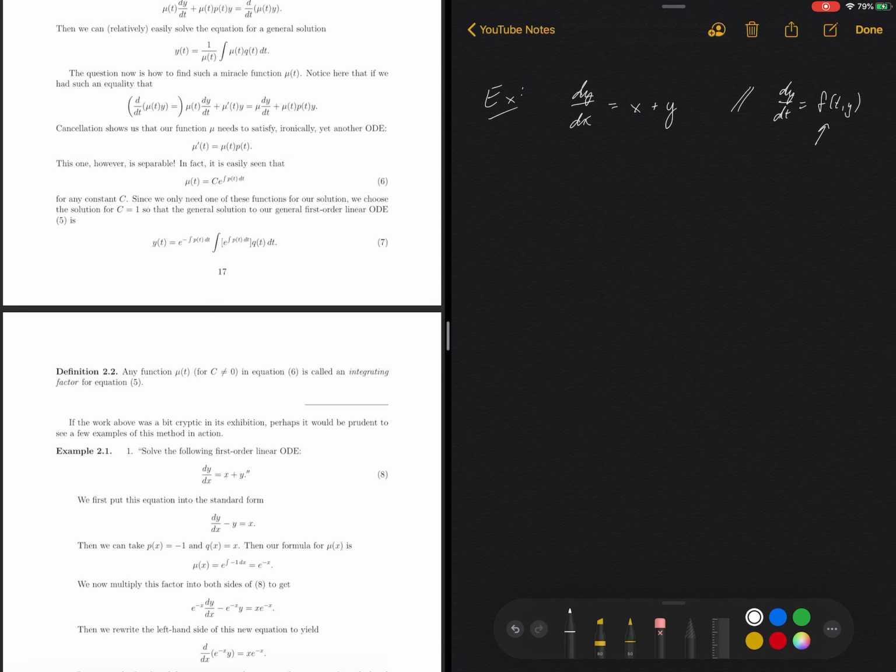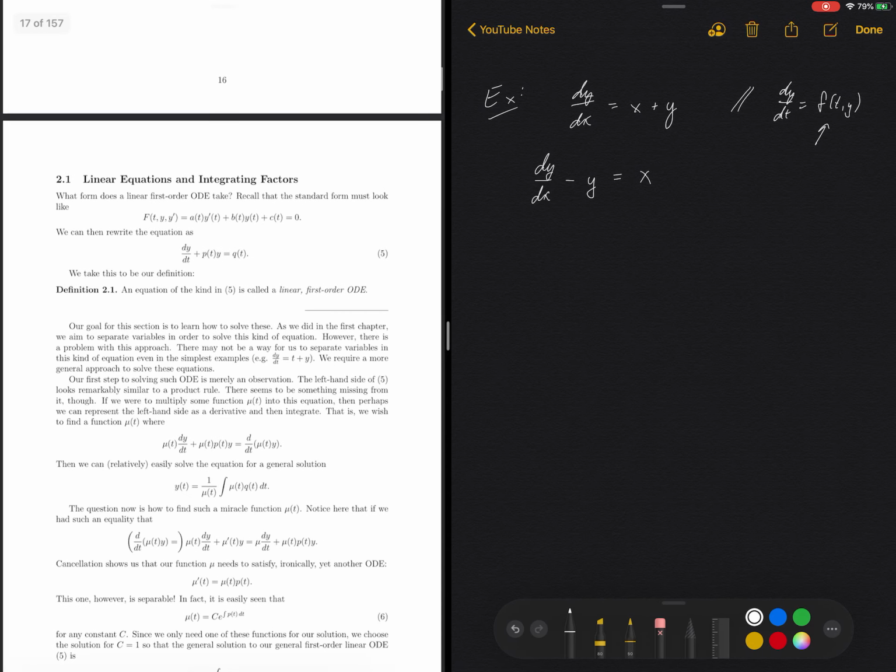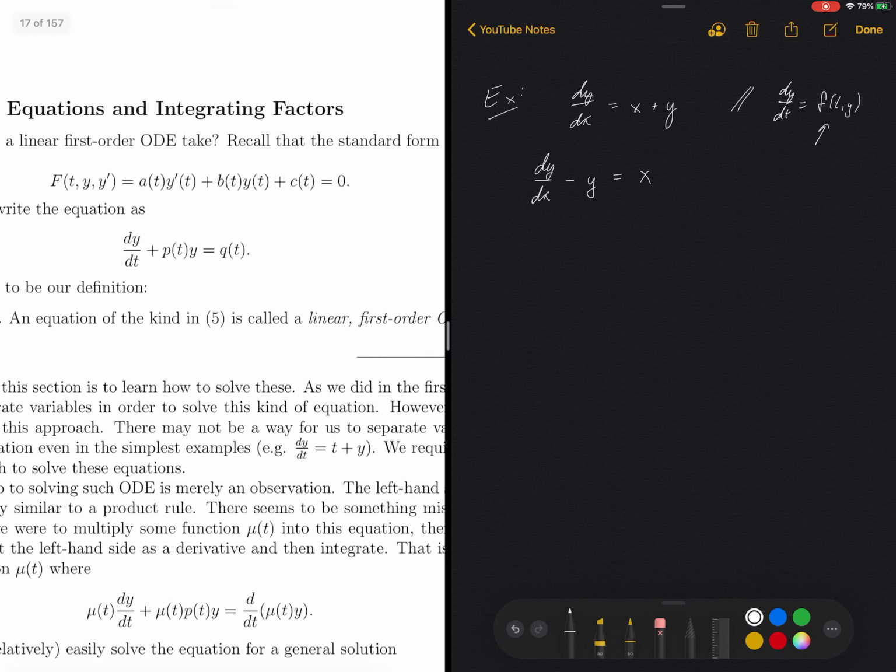We can see that this takes the correct form, but this function may not be just a function of t or a function of y or a product thereof. You'll wind up with equations like these that cannot be separated. So what we have to do instead is put this into standard form.